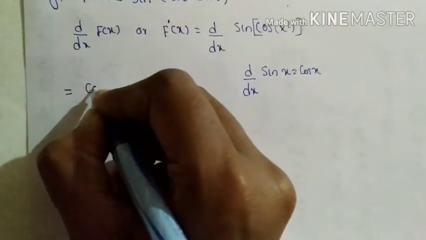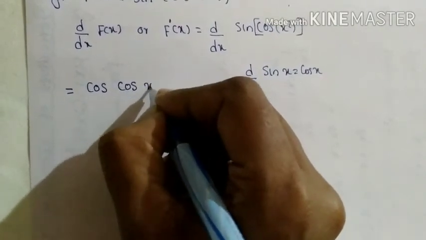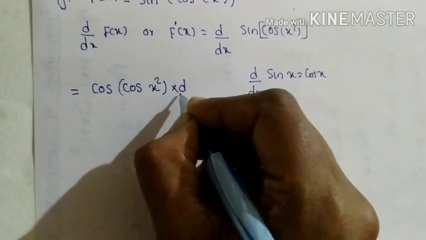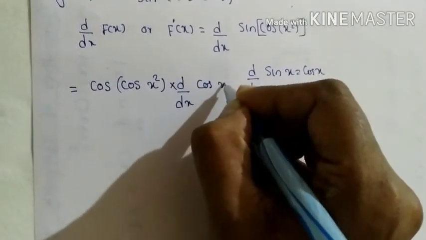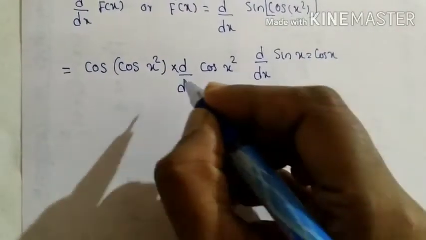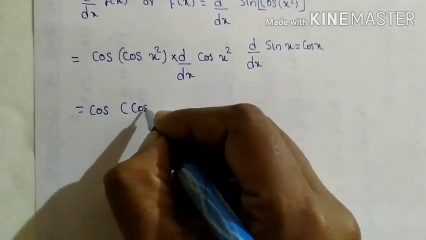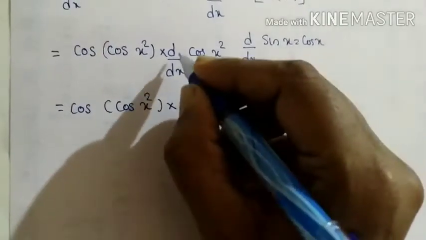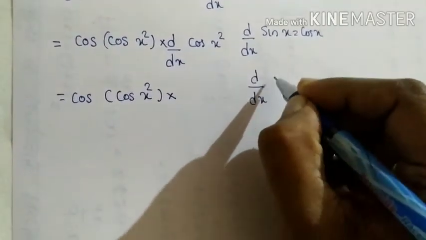So write here cos of cos x square into the derivative of the next standard function, cos x square. So we need to find the derivative of cos x square. Write the first term, it remains the same, cos of cos x square into the derivative of cos x square.